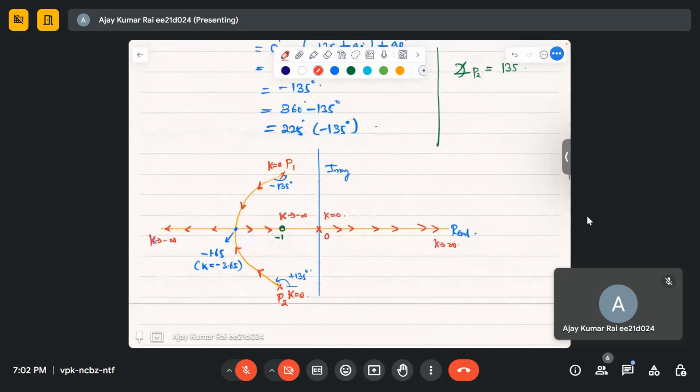Any doubt in the root locus? So this is the root locus.